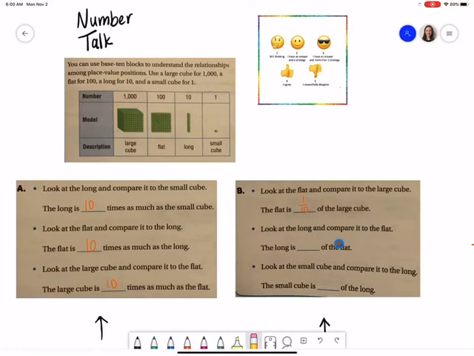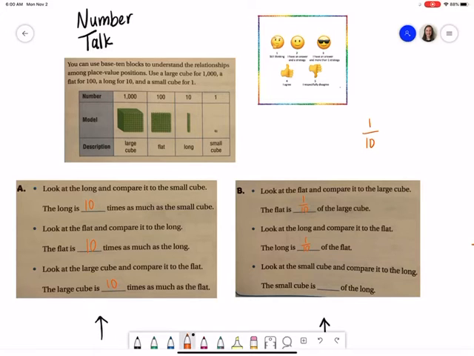Look at the long and compare it to the flat. The long is blank of the flat. Same thing here. It takes 10 longs to create a flat, and we just have one of the 10 longs that are needed.